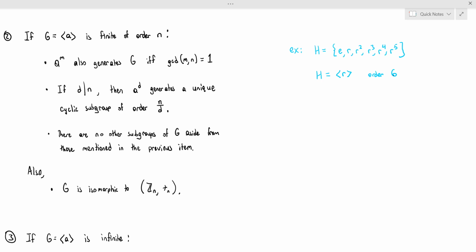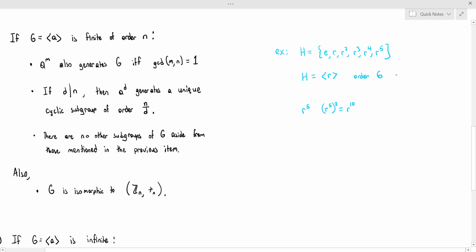Let me consider first this element at the end, r to the fifth. I want to talk about this guy first. What I'm going to do right now is start computing powers of r to the fifth. So r to the fifth squared would just be r to the 10th power.